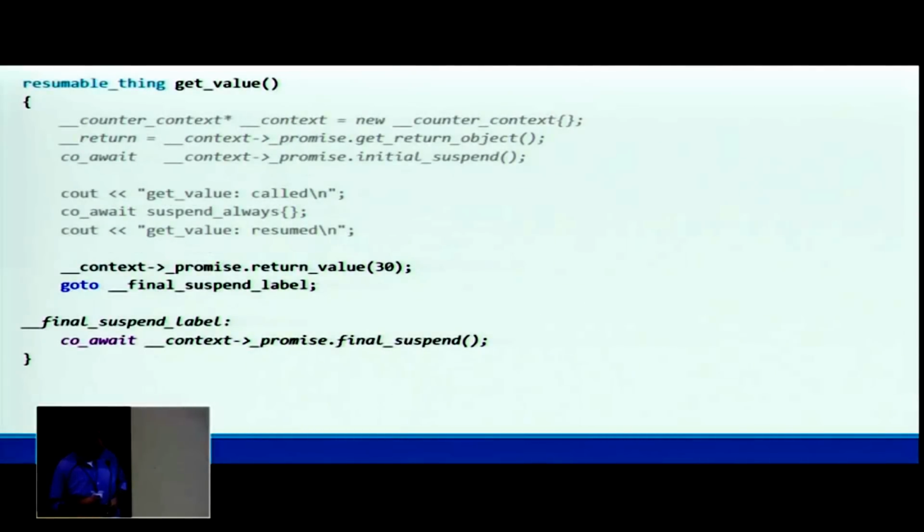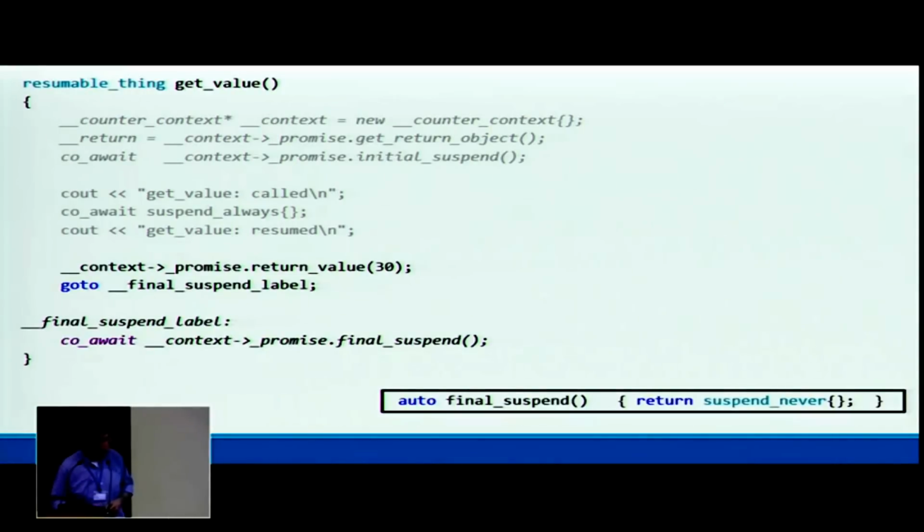And so basically it's going to be destroyed here when we reach this point in the function. As you can see, our final suspend does a suspend never. So when we get to this co-await statement, that's a no-op. It's the final suspend. And then that's when the coroutine gets destroyed after that.